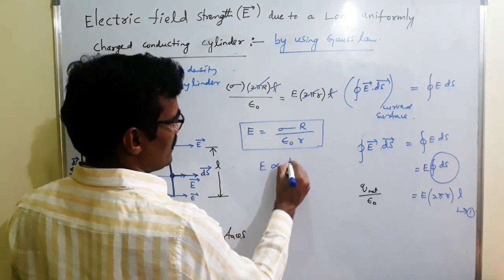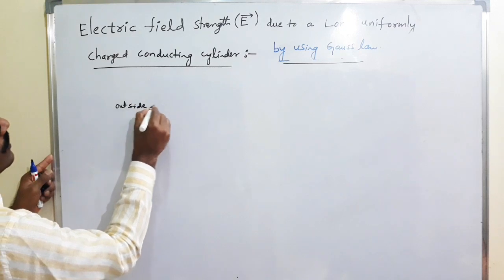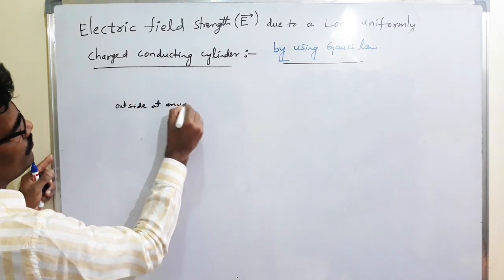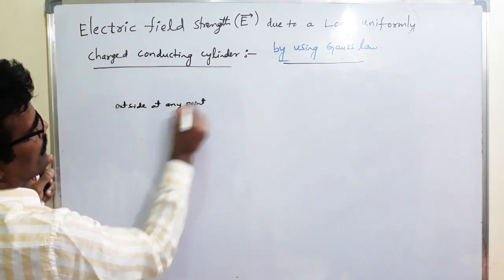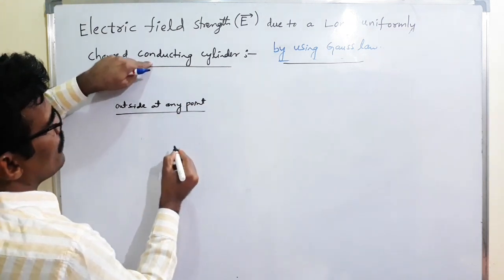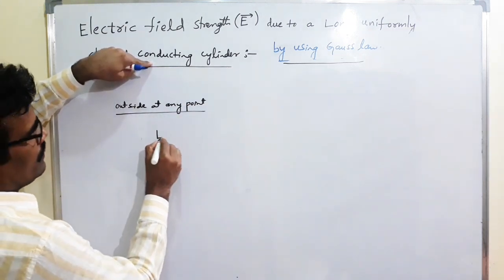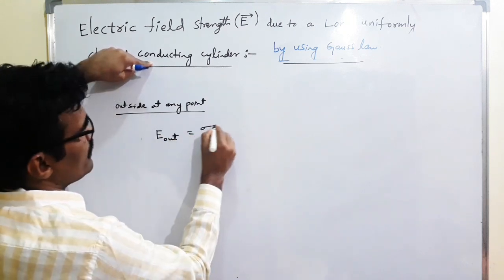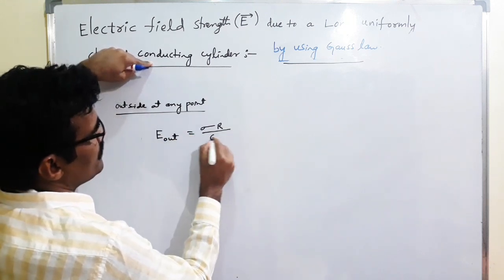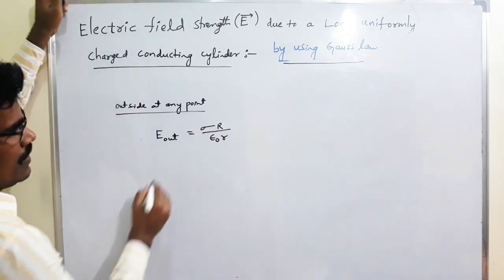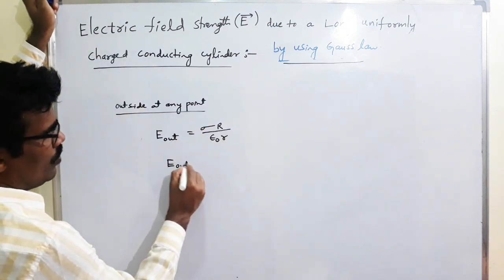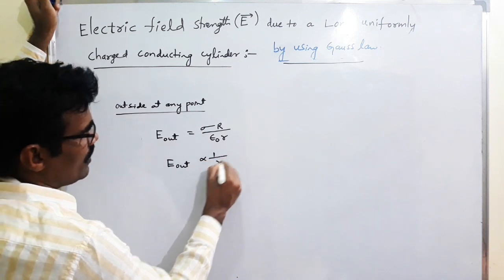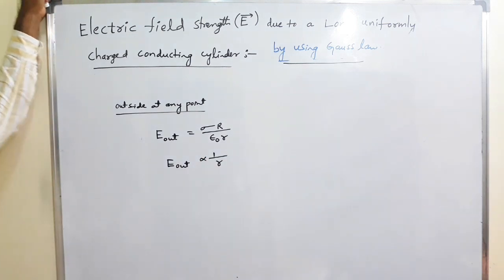E is inversely proportional to r. Outside at any point for a conducting cylinder, E out is equal to, as we already derived, sigma R by epsilon naught r. Therefore E out is inversely proportional to r. Clear?